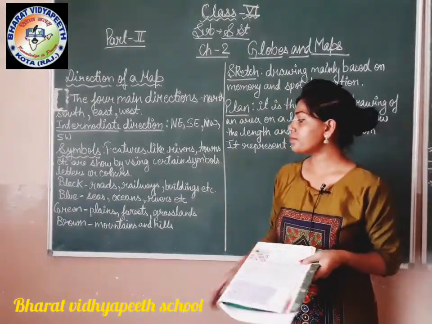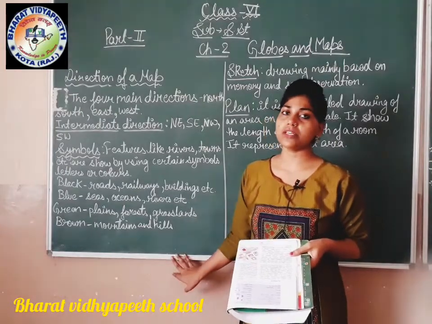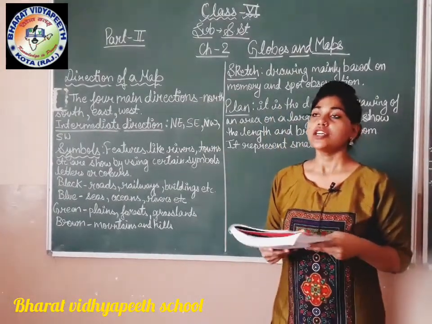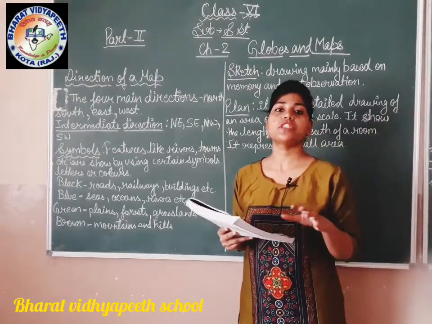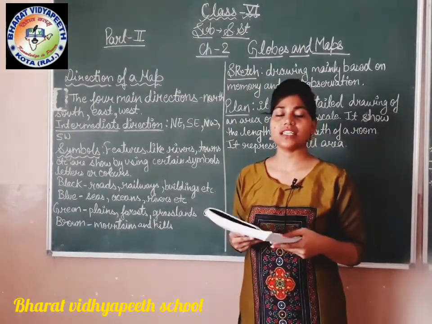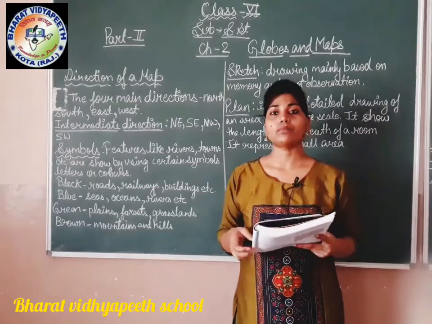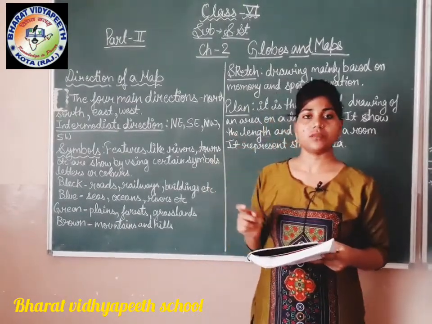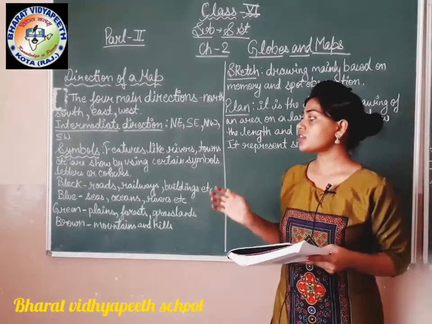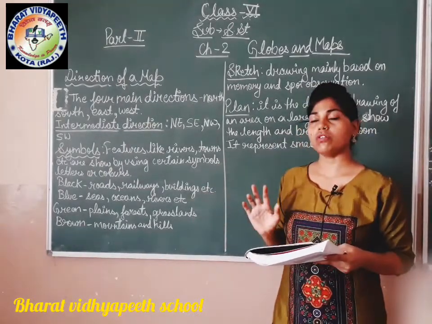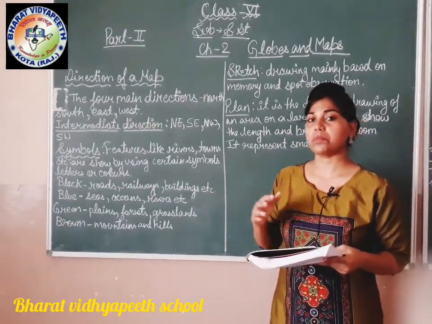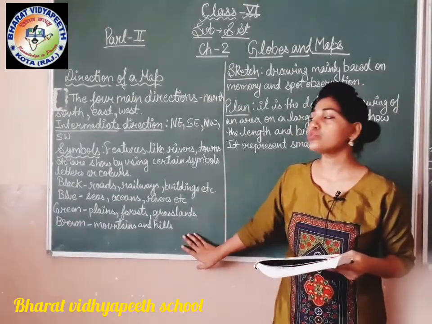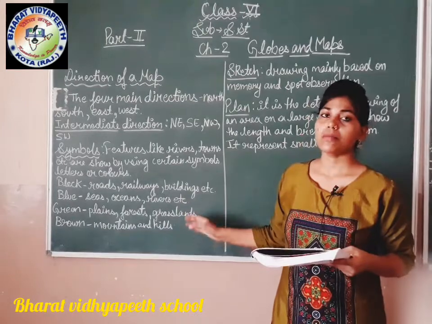Other than that, brown color is also used in maps. Brown color mainly shows mountains and hills. You have already seen some maps in your previous classes, where mountains and hills are represented by brown color. Other than this, there are also different colors to represent different things, but these are the most common colors used to represent these things.